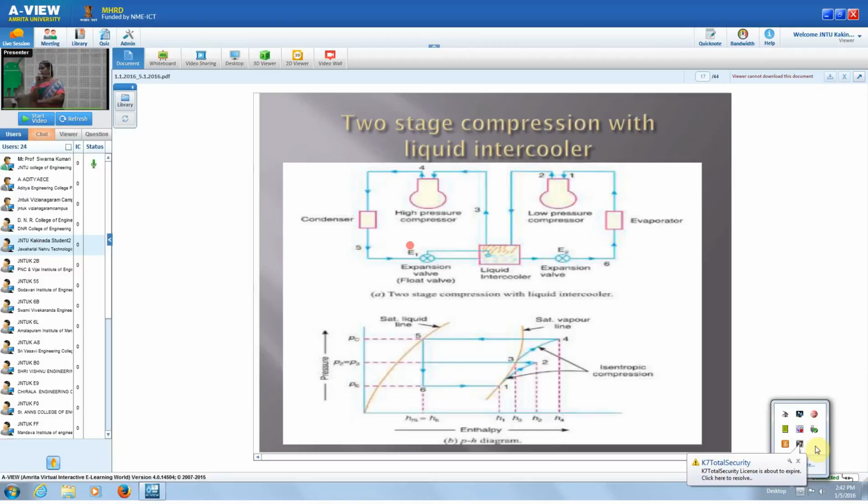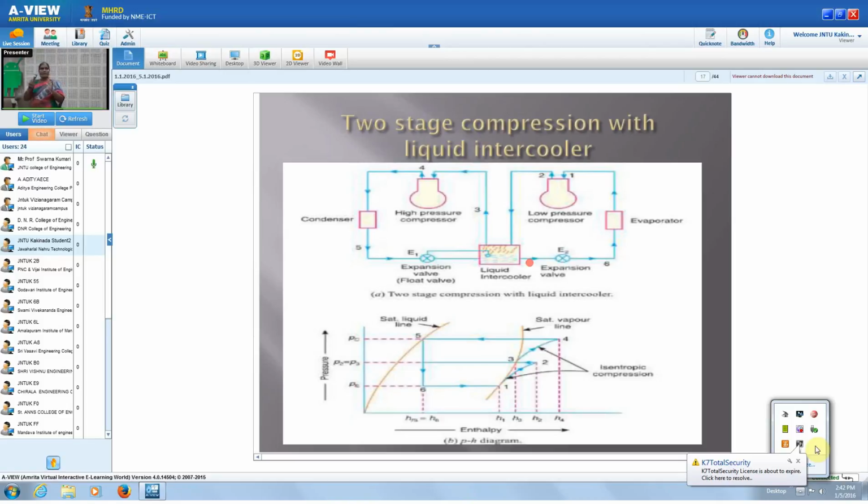After that, it goes into an intercooler where heat rejection takes place at constant pressure. Then again the compression takes place in the second compressor, and the remaining condenser, expansion valve, all these are the same.